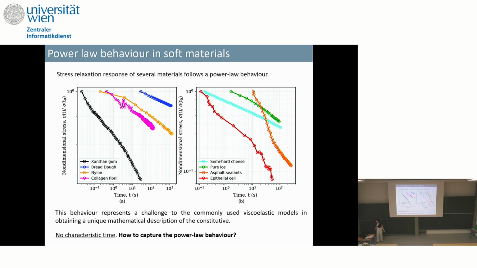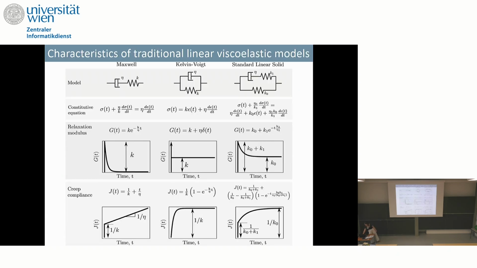How can we capture them? Okay, I'll go back to this plot. What can you see that all these models have in common in their G and J response? They all give us an exponential.